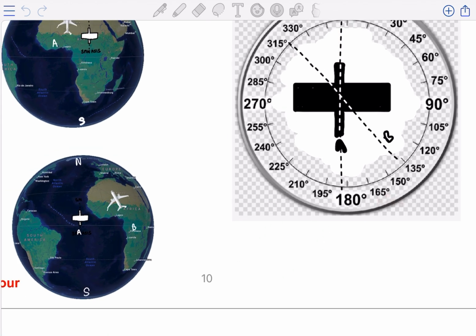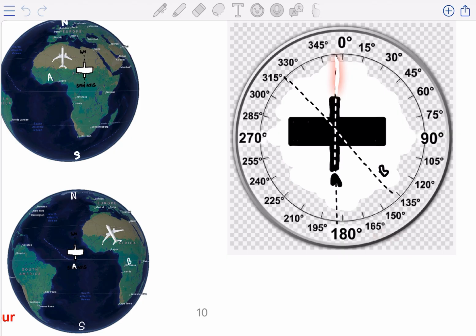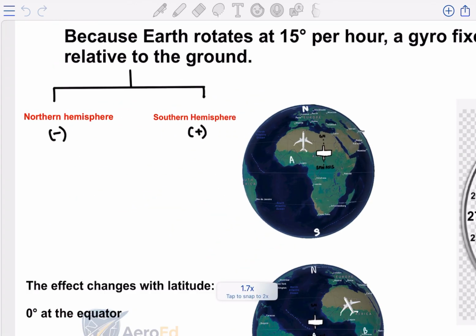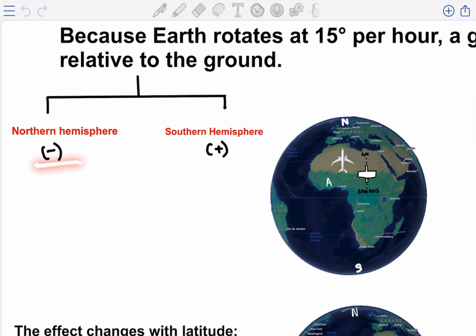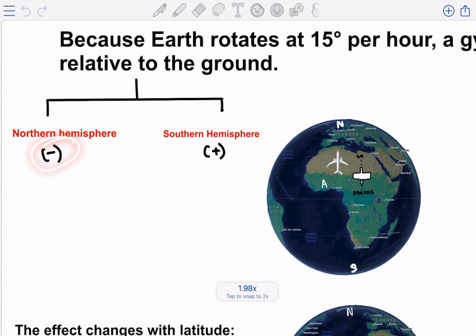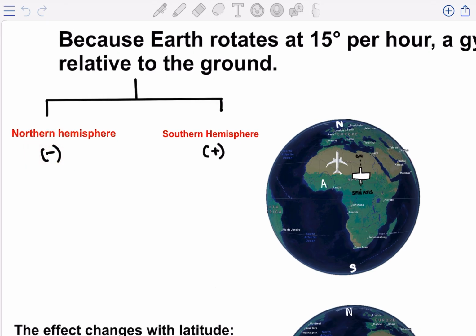So we can see that the direction of true north in relation to our gyro north appears to decrease in degrees, like you can see in the northern hemisphere. So there will always be a decrease in the northern hemisphere, and for this reason the earth rate is designated negative, like here, and the opposite in the southern hemisphere, it is positive.